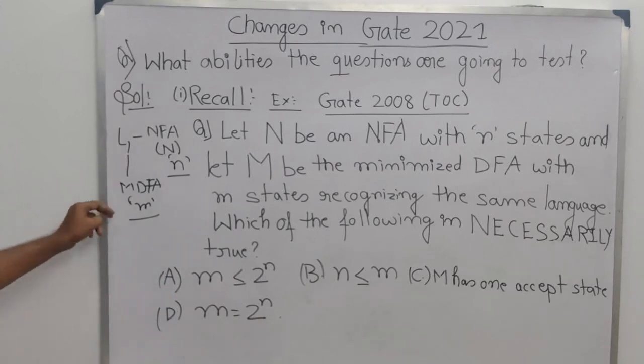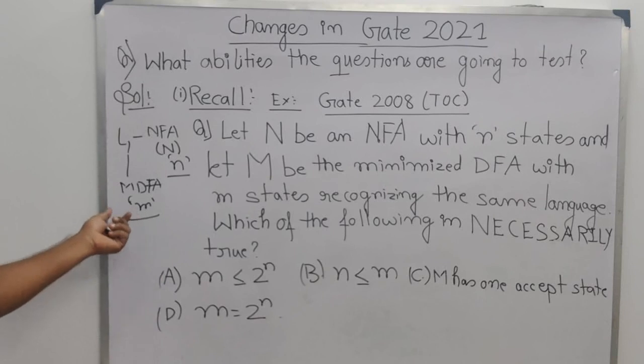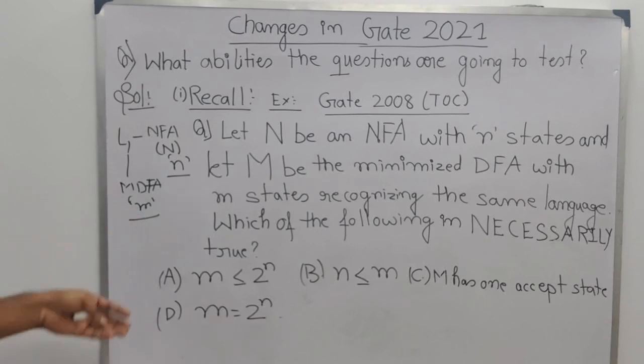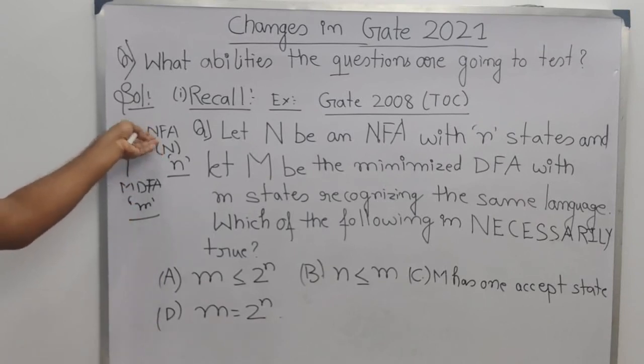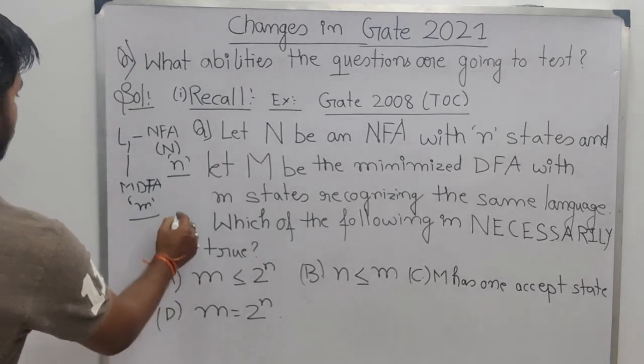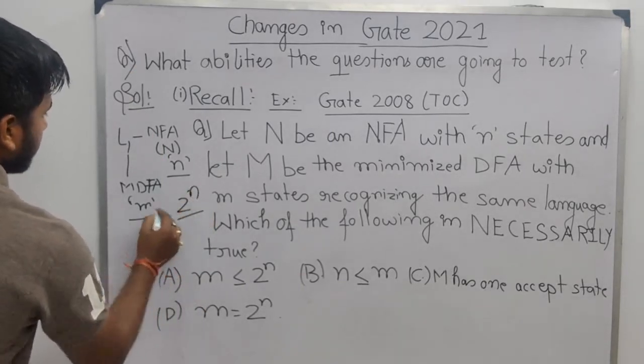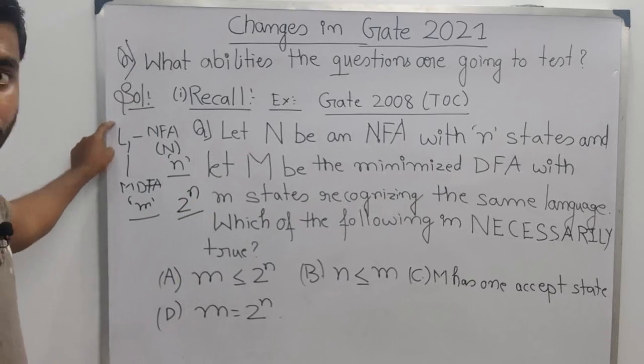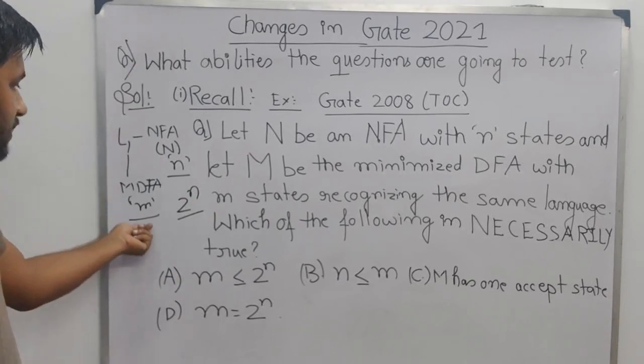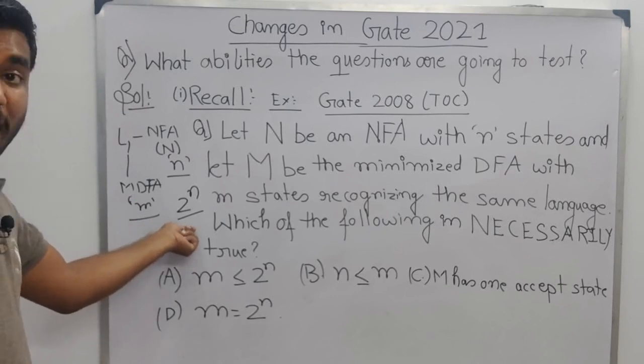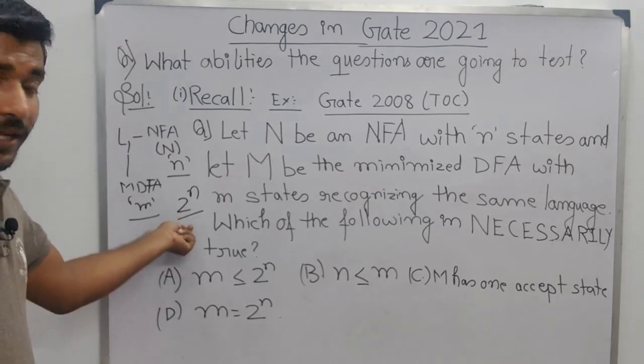You know that it is a minimized DFA for this language, so m is going to be the minimum number of states. When you convert this NFA into a DFA, the maximum number of states you will require is 2 to the power n. So for this language, to construct a DFA, the minimum states you require is m. This is the minimum number of states, and this is going to be the maximum number of states in the DFA.